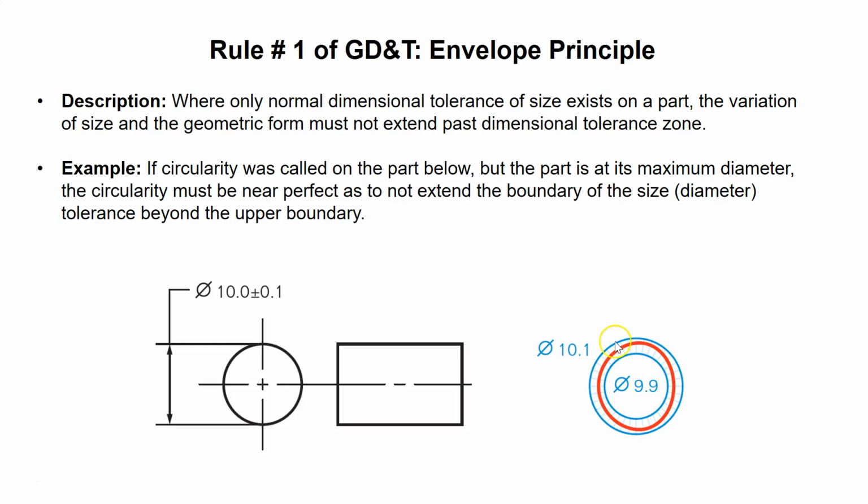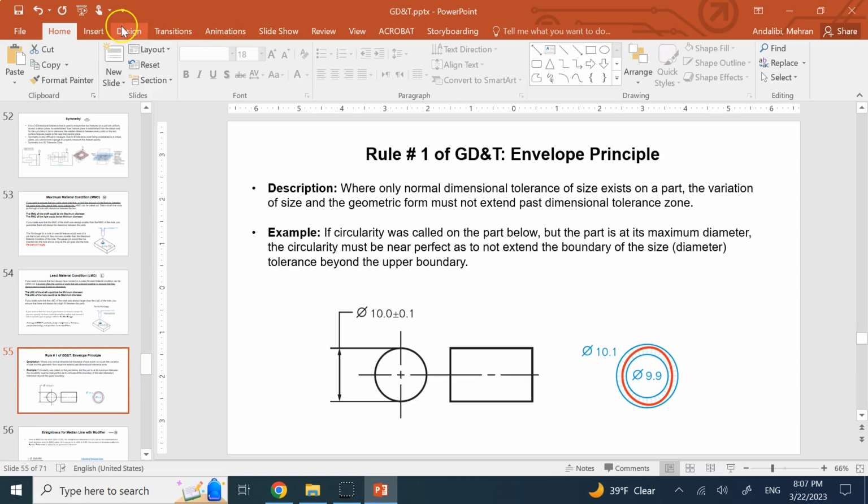So the answer is this: if the shaft is made exactly to its maximum size of 10.1, so the shaft is made perfectly at the largest size, can the shaft have a different cross section other than a perfect circle? Is that a possibility? And the answer is no. Why not?